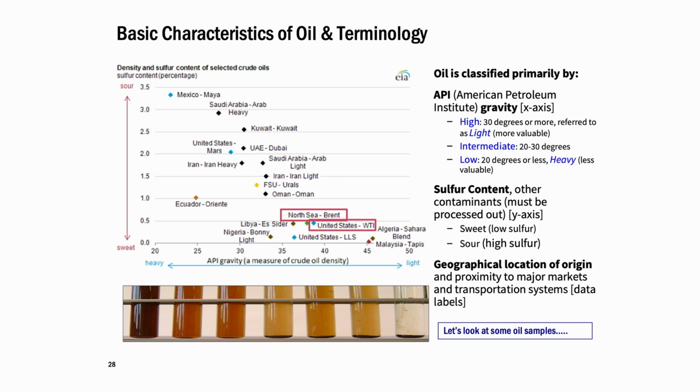We have the API gravity: high, intermediate, and low. High is our light stuff, really liquidy, closer to gasoline. That's our light oils. And then heavy or low API is really thick, viscous stuff. We talked about our bitumen, and we'll talk about that more in a minute.